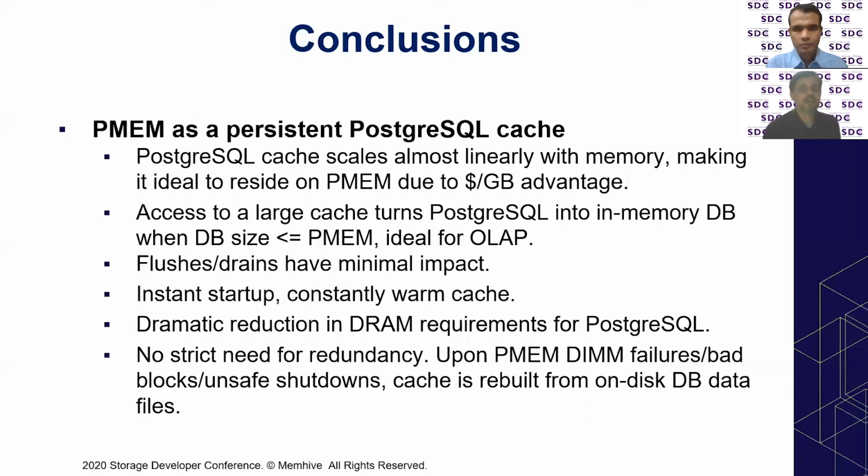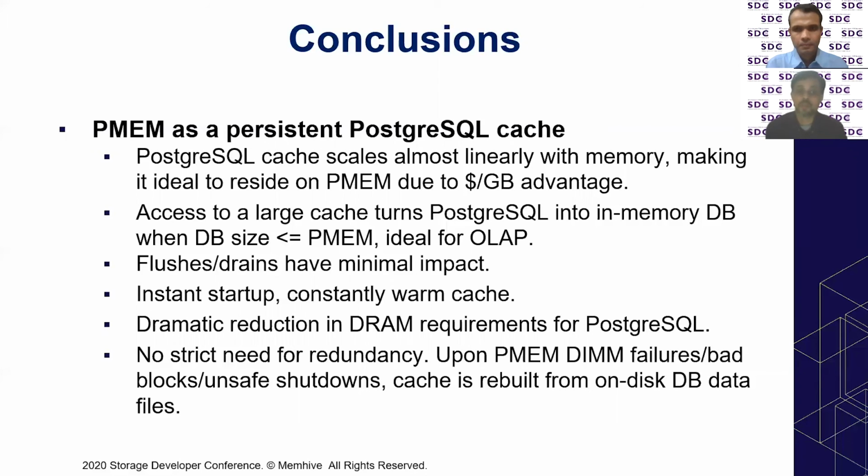Let's say your database always fits into memory, but it's actually big compared to the DRAM that you have. Again, with a persistent cache, Postgres becomes an in-memory database, because it fits the entire database pages into the persistent cache.